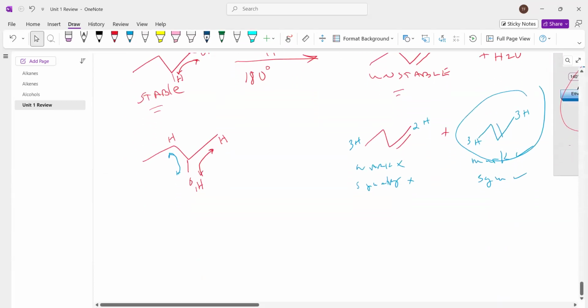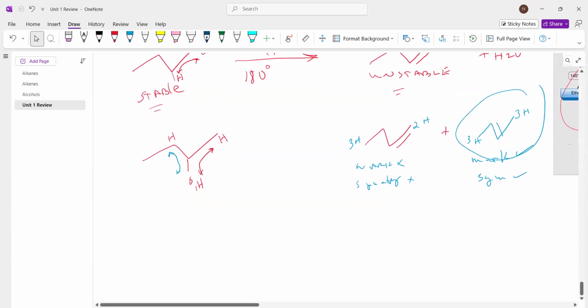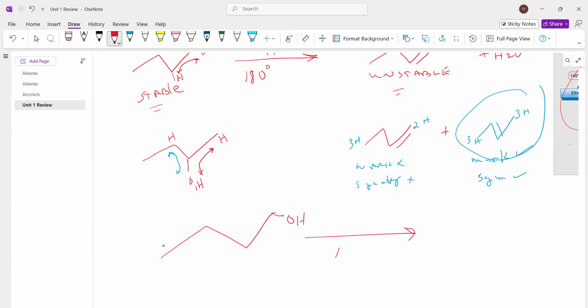Now, if we do this at a lower temperature, what's going to happen? It's not enough energy to pull off water. What happens is two of these link up together and form an ether.